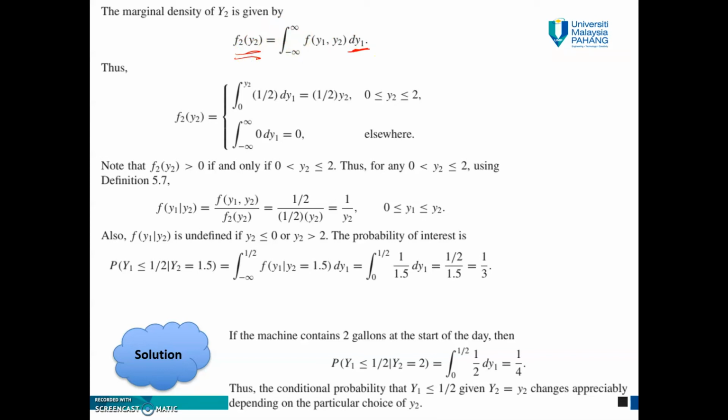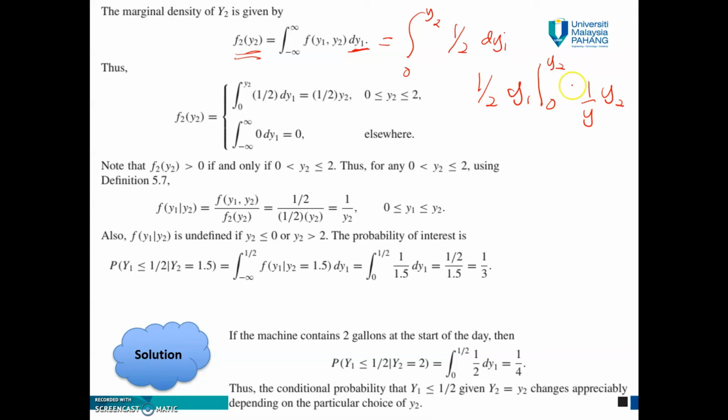How to find this one? You will find it using this theorem. So basically here it will be the integral from 0 until y2 of half dy1. When you integrate, you will have half y1 from 0 until y2. When you substitute, you will get half y2.